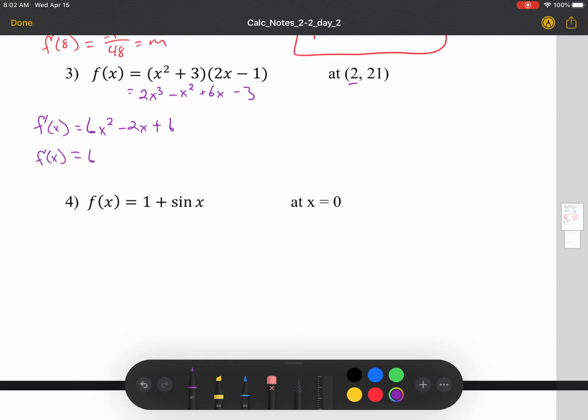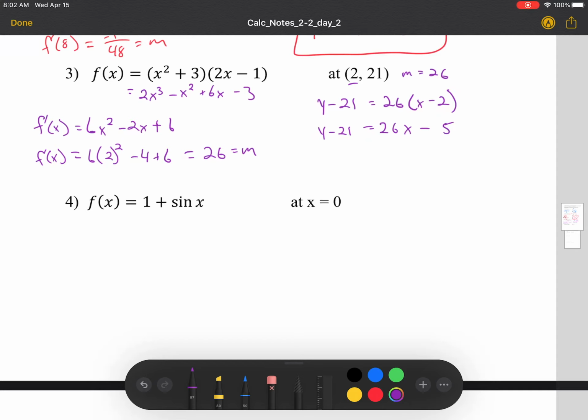Then we take our 2 and plug that in, which gives us 6 times 2 squared minus 4 plus 6. This is going to equal 26, which is our m. Our m equals 26. Start plugging it into our y equals mx plus b: y minus 21 equals 26 times x minus 2.